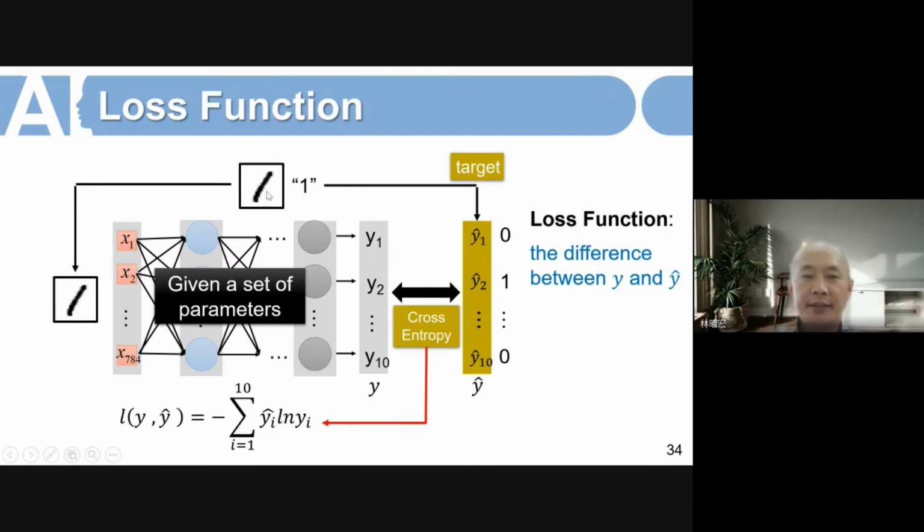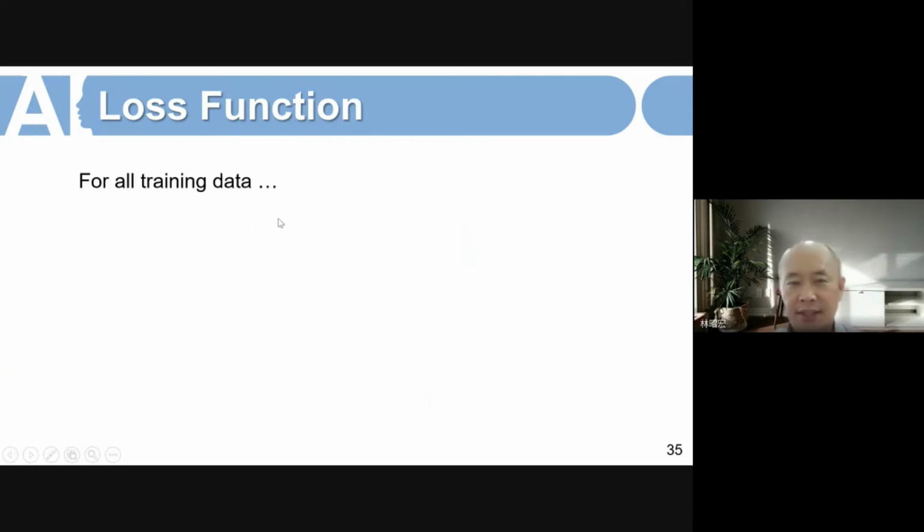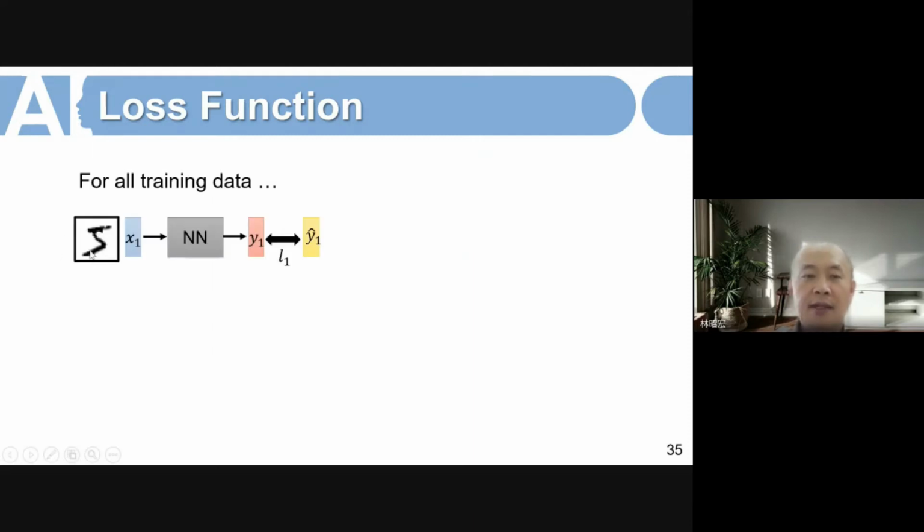So the goodness of the function: here we define the function to represent the difference between Y and Y hat. And for all the training data, you will have a large amount of training data, meaning data with ground truth. The data input to the model gives you the outputs. Because you have ground truth, you can get the loss, the difference between Y1 and Y1 hat.